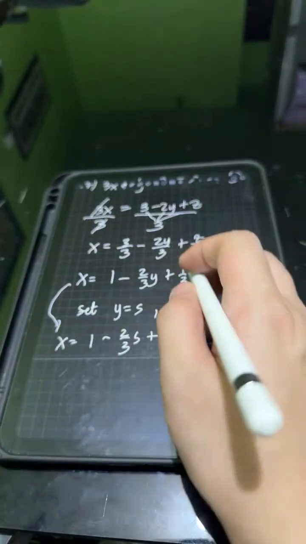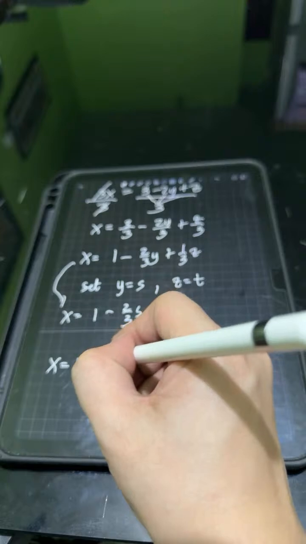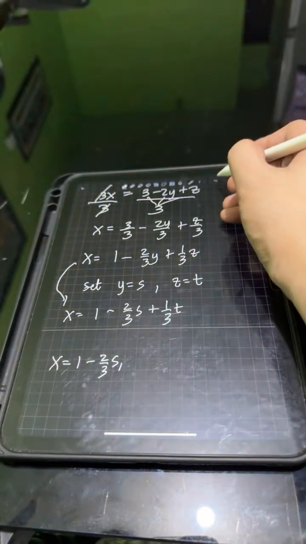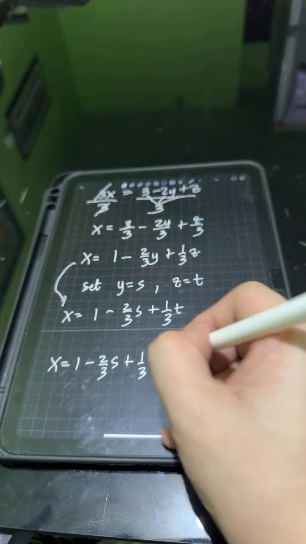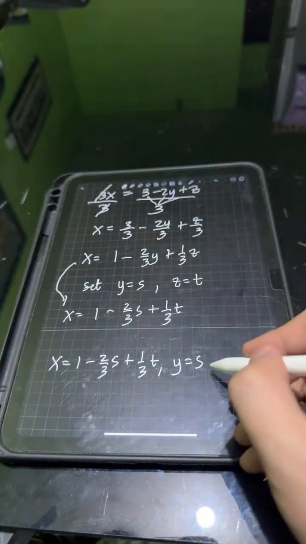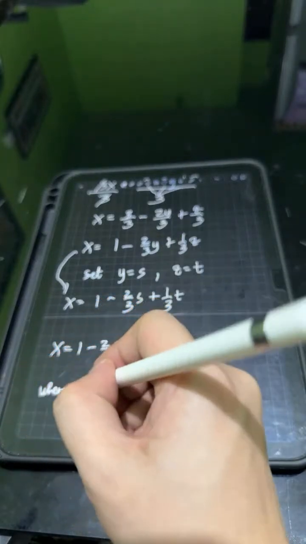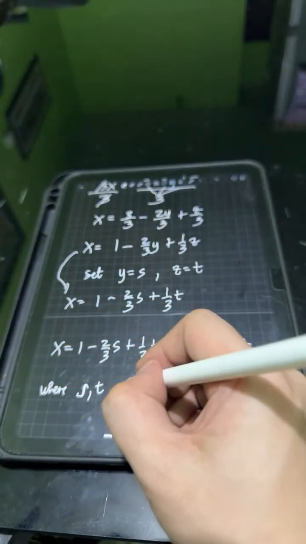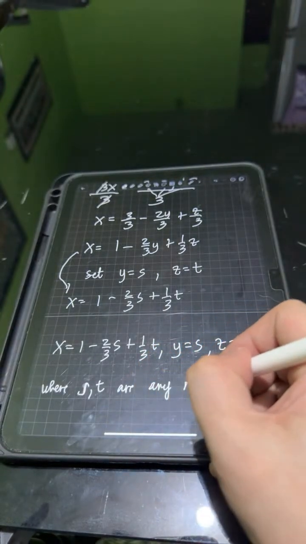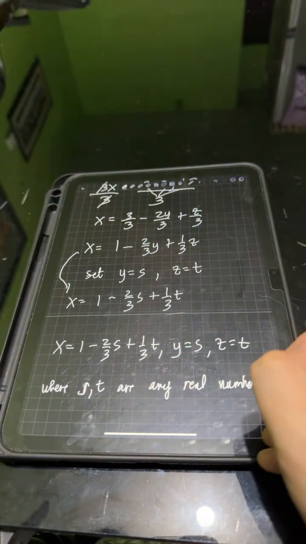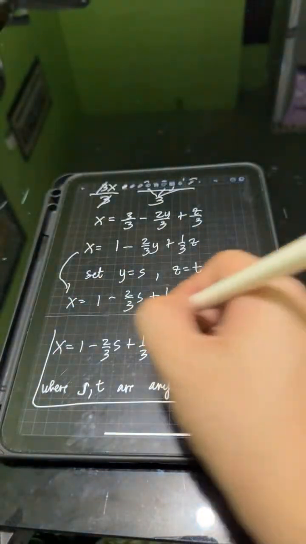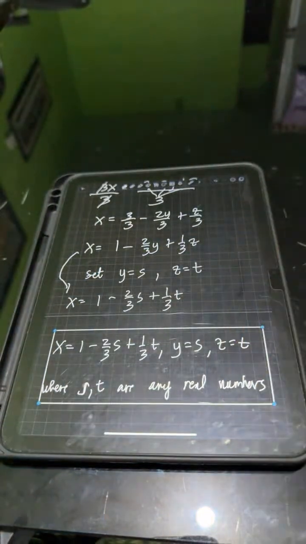So the solution set can be x is equal to 1 minus 2 thirds s plus 1 third t, then y is s, z is t, where this time s and t are any real numbers. So you now have two parameters, s and t, which you can assign any real number value. So you also have infinitely many solutions.